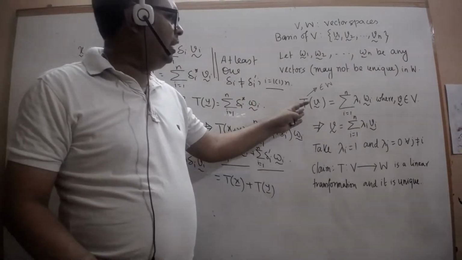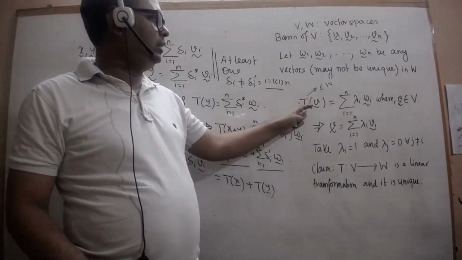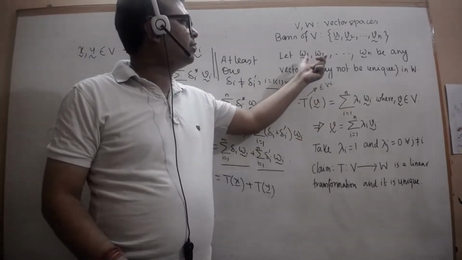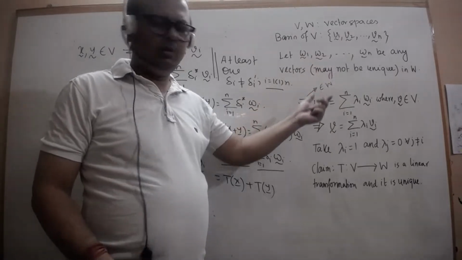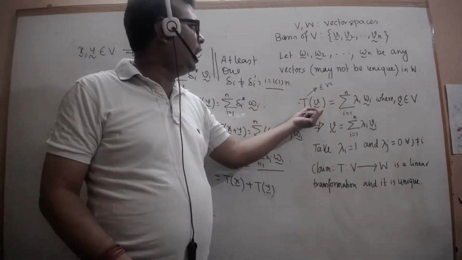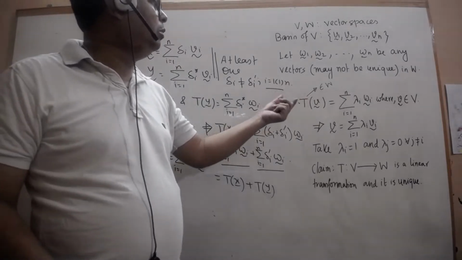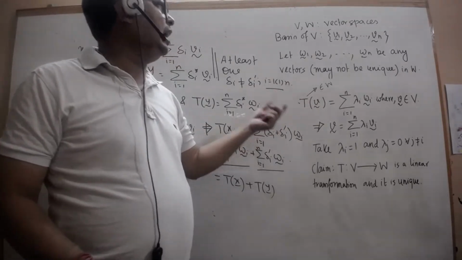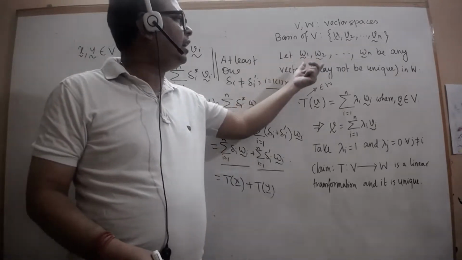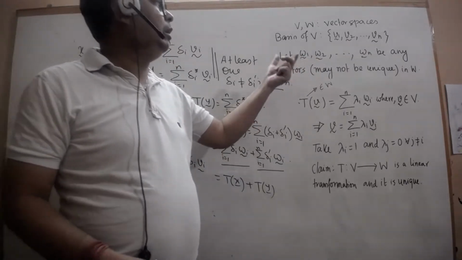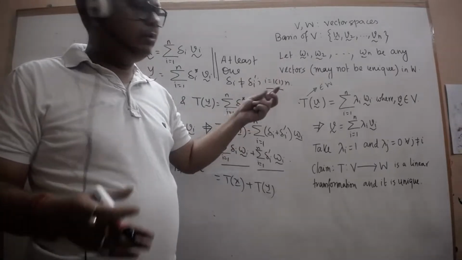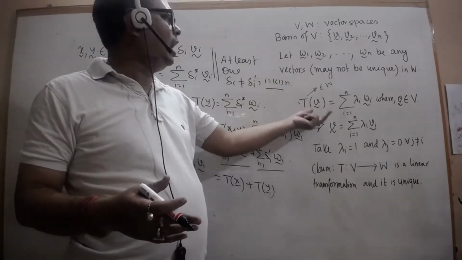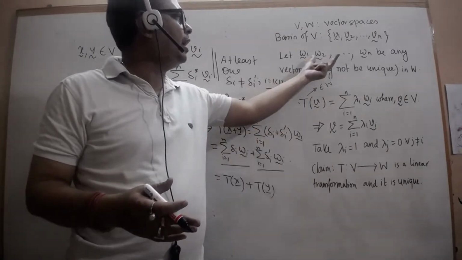I just define a function T as follows, which is a linear combination of some vectors of W. Because T(v curl) belongs to W, and I define T(v curl) as a linear combination of some vectors. This may not be unique. It may not be a basis.